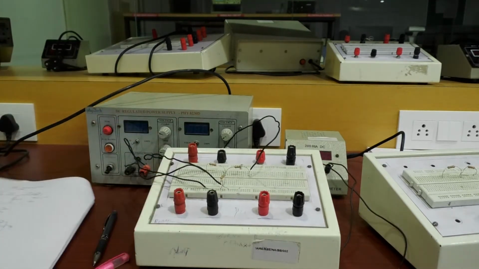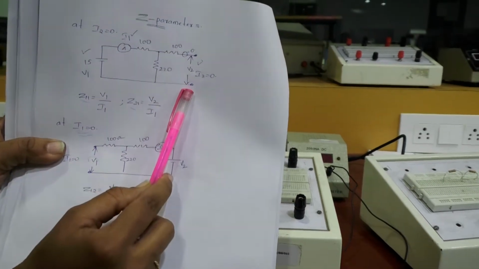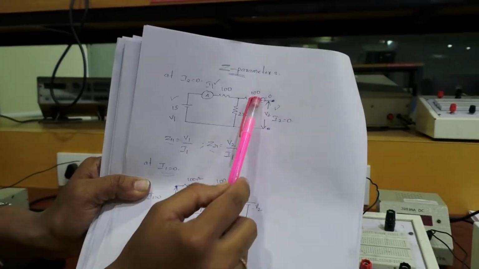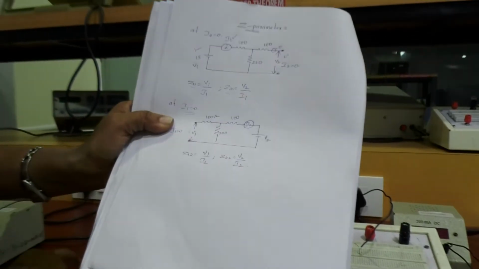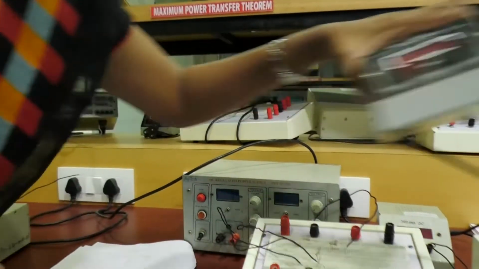Now we are doing the first case, that is I2 equals 0. When I2 is equal to 0, the current will be absent, but some voltage will be present here. So for that case, I'm connecting a voltmeter here.